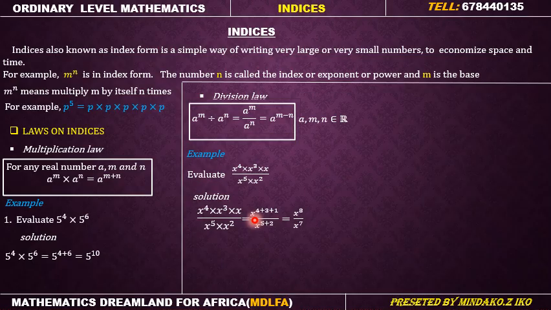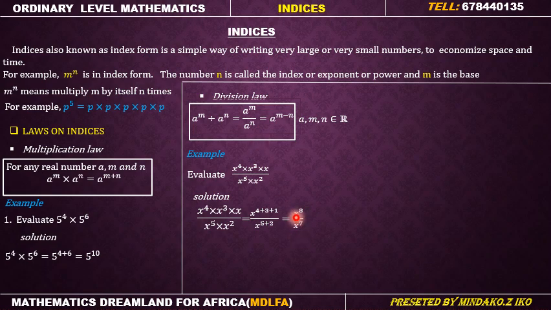We have x power 4 plus 3 plus 1 divided by x power 5 plus 2, because the bases are the same, even in the denominator. 4 plus 3 plus 1 is 8, and 5 plus 2 is 7. So I have x power 8 divided by x power 7, and by applying the division law, which states that a power m divided by a power n is equal to a power m minus n, it is the same thing here.